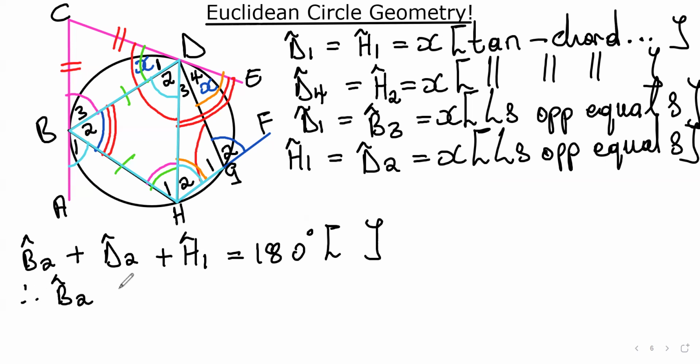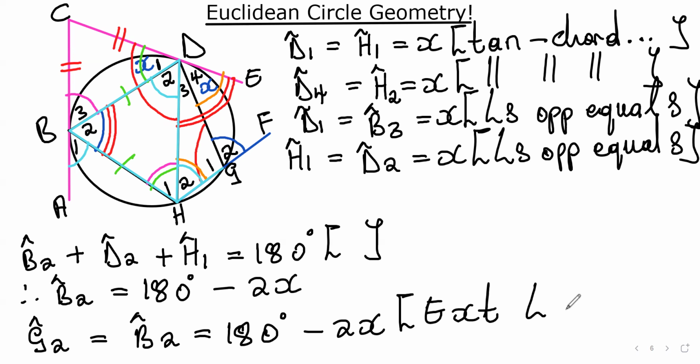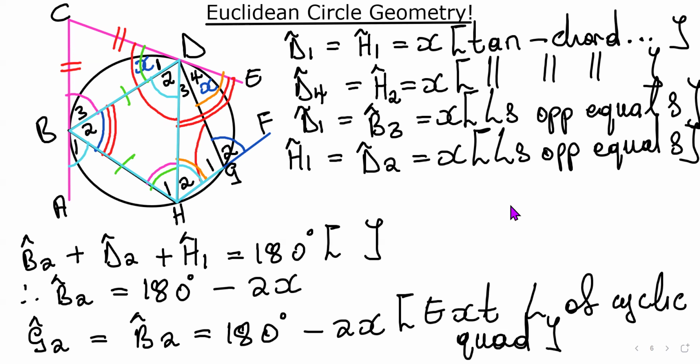And if we take this to the other side, we get 180 degrees minus 2x. All right? But now we know that G2 is equal to B2, and it will now be 180 degrees minus 2x. Why? Well, that's because it's an exterior angle of a cyclic quad. So yes, that is that.